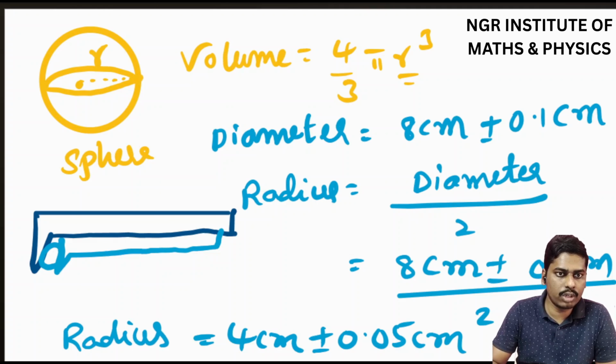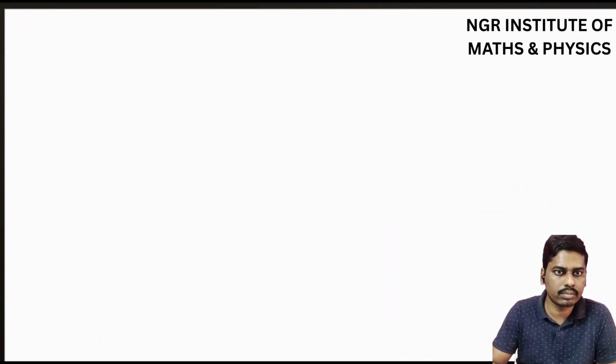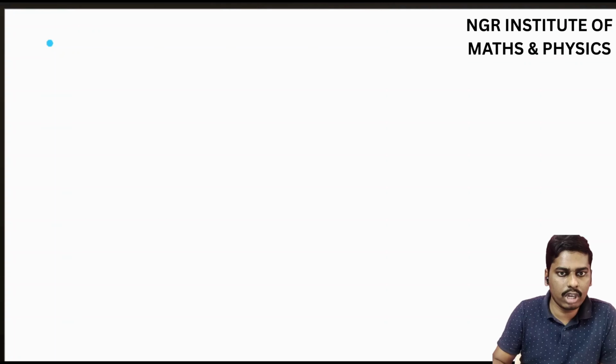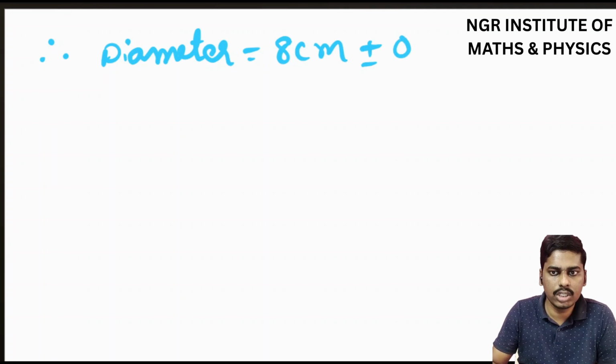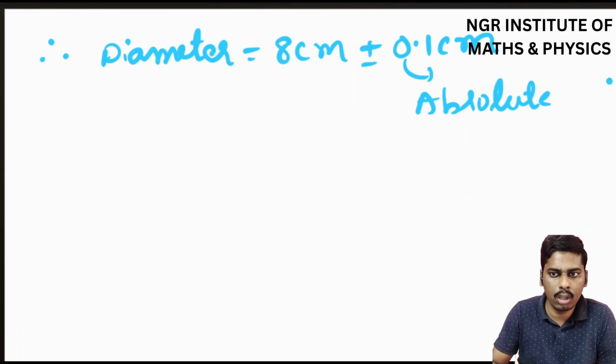If you observe clearly, we got the diameter value as 8 centimeter plus or minus 0.1 centimeter. This is the absolute error.